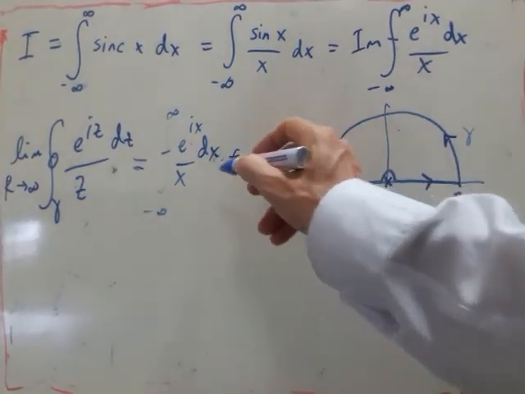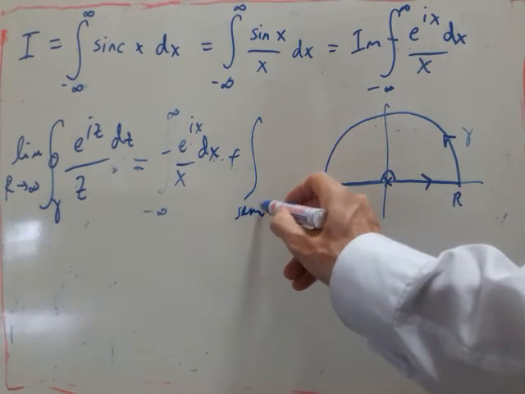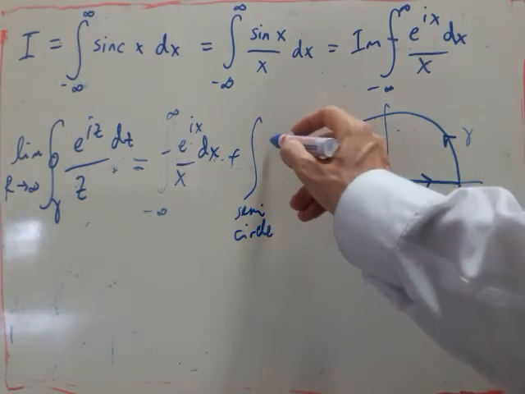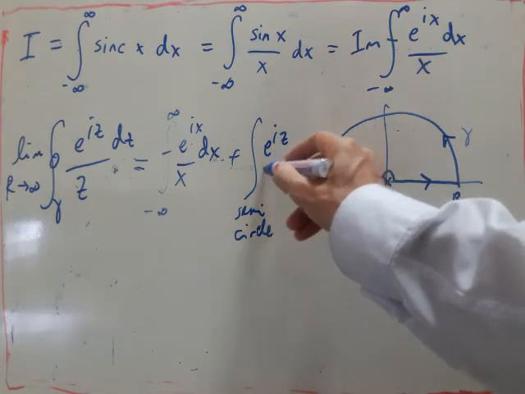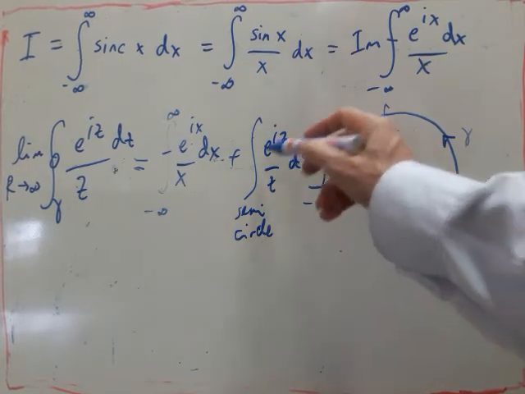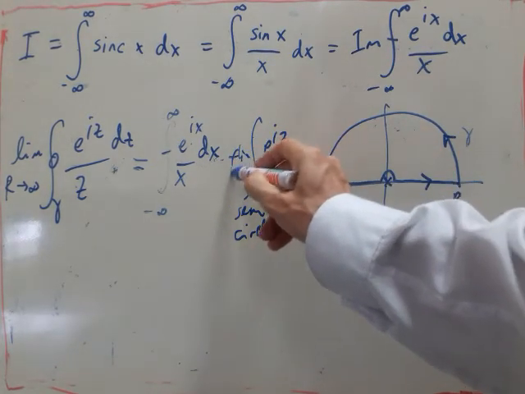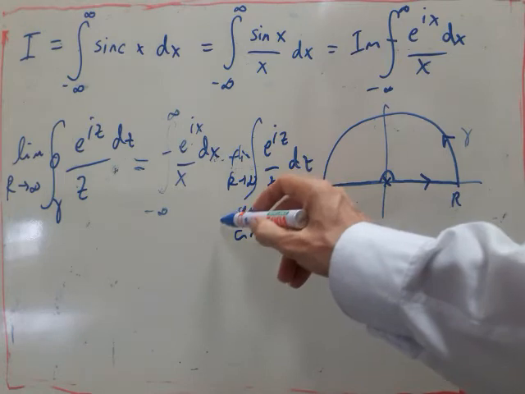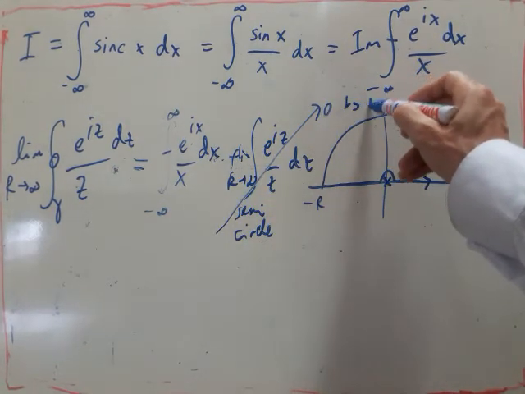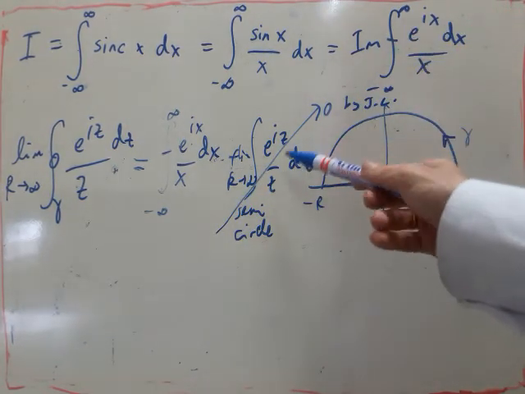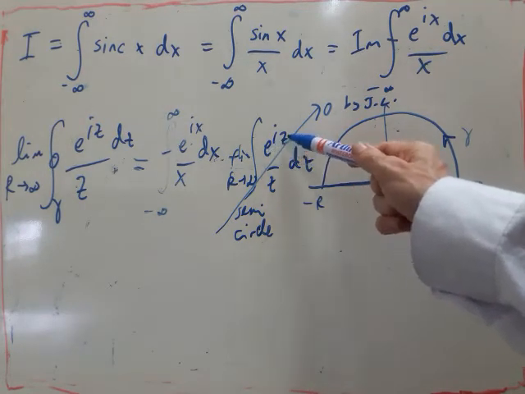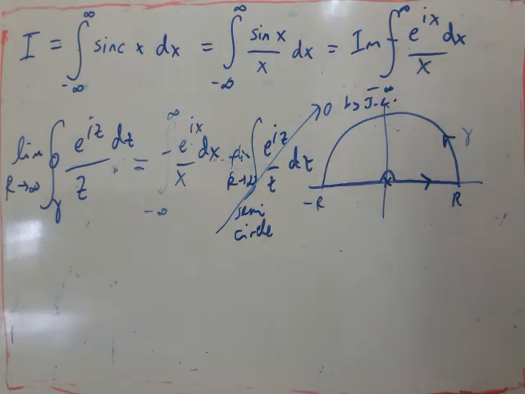And then we've got the semicircle bit, which we can say, as the limit as r goes to infinity, tends to 0 by Jordan's lemma. So Jordan's lemma, remember, says that if the function multiplying e to the iz goes to 0 as fast as or faster than 1 over z, then we're okay. The integral will tend to 0.